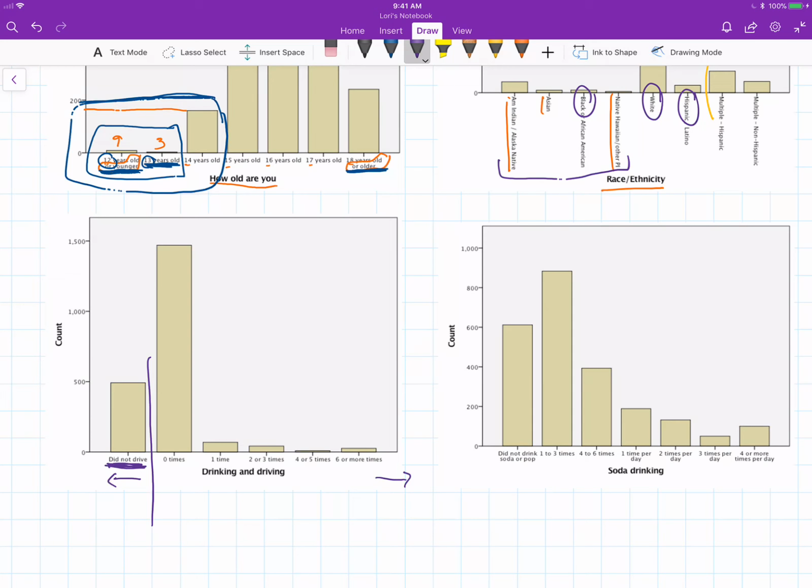Here, because did not drive is closer to I never drove while I was drinking, we put it here on the left hand side.